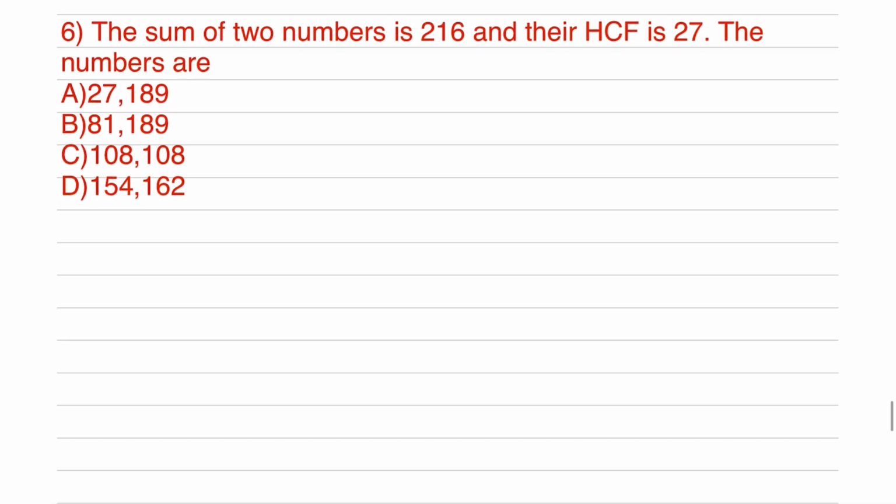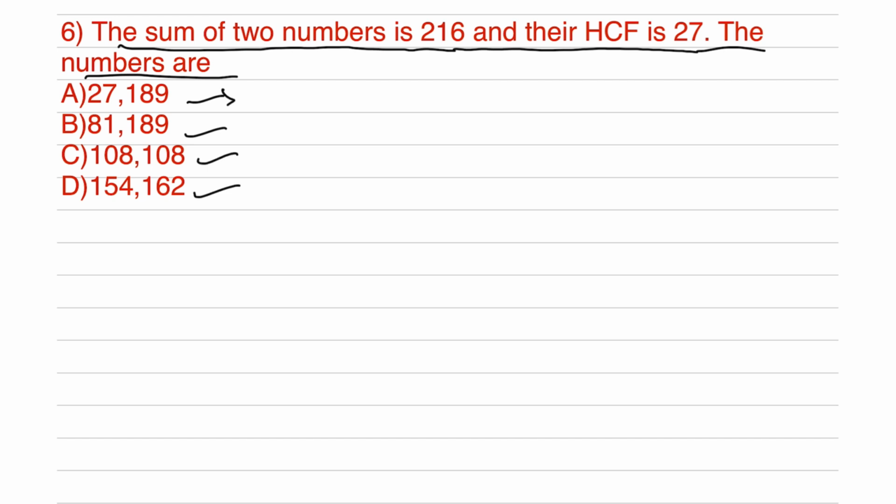See the next question. The sum of two numbers is 216 and their HCF is 27. The numbers are... Before solving, first see the options. If you add these, how much will you get? See, 27 plus 189 is 216. 81 plus 189 is 270, which is not the correct option.